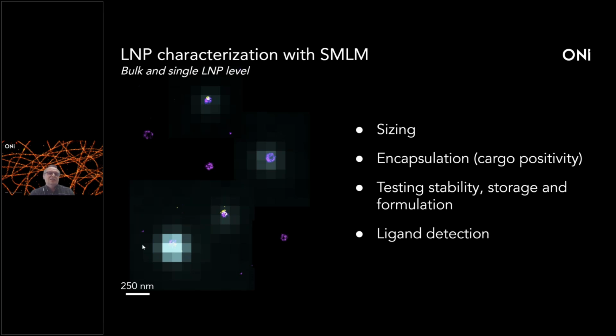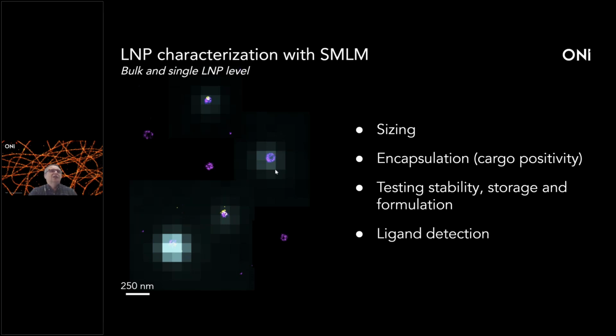As you can see here, these are examples. In magenta, you can see individual LNPs imaged by single molecule localization microscopy. Please keep your eyes on the scale bar: these particles here are less than 60 nanometers, and these particles are around 70 or 80 nanometers. At the same time, you can get information about their cargo positivity.